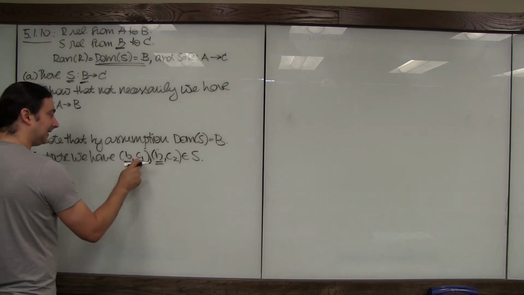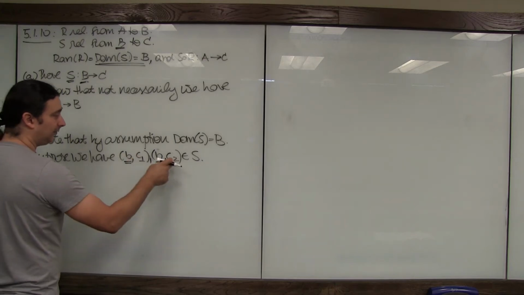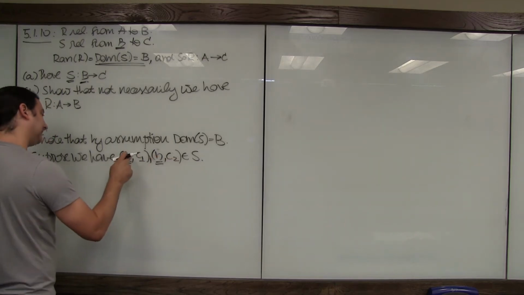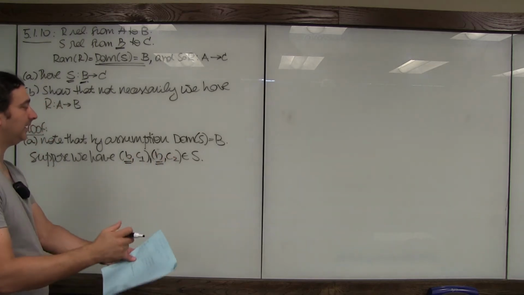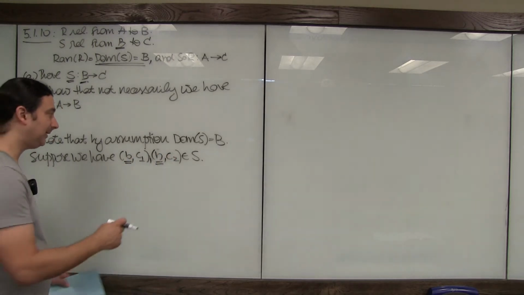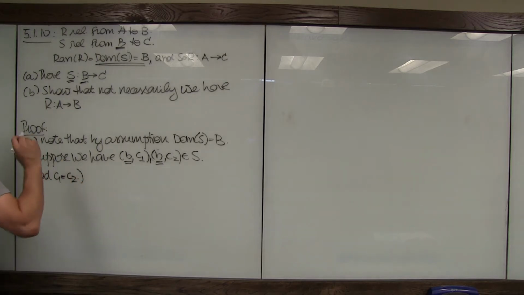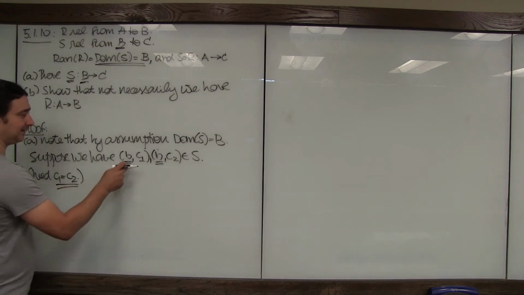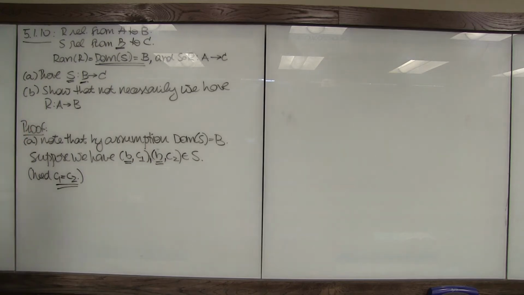So this would say that c1 is the image of b, c2 is the image of b, but it's a function, so there's only one image for b. So what we need to show, let me put in parentheses here, is that c1 is equal to c2. Okay? So that's where we have to get, because that's a function. There's only one image for each element in the domain.